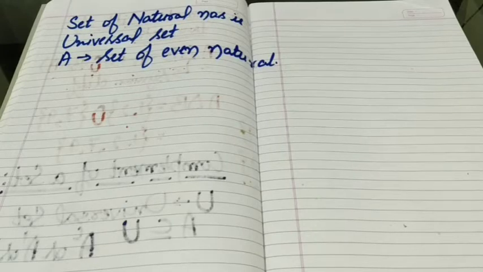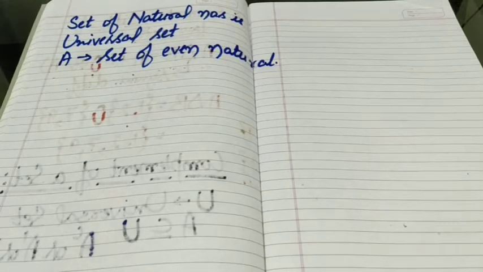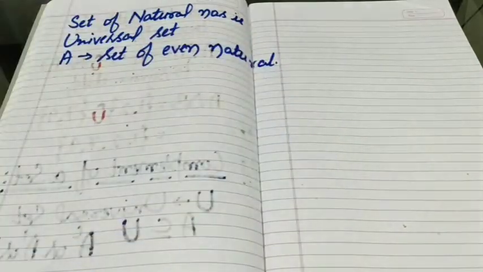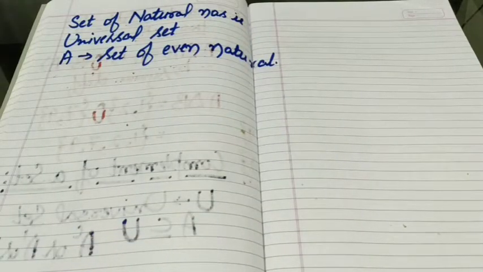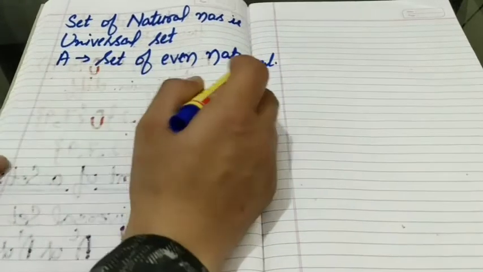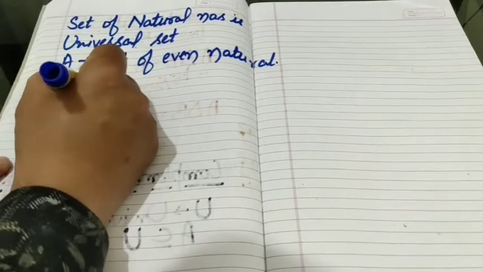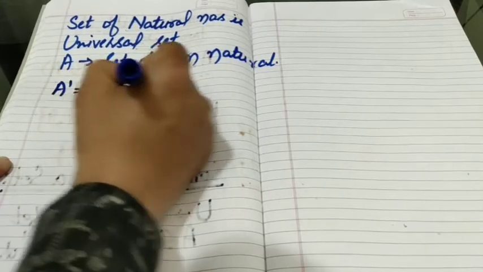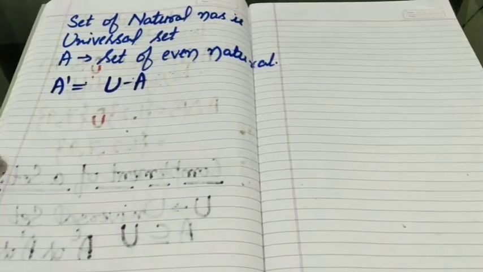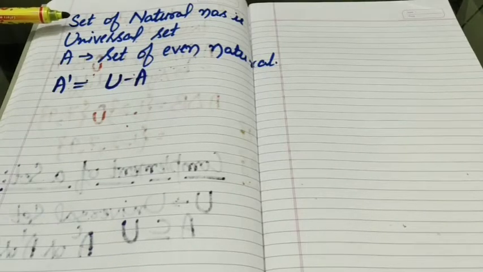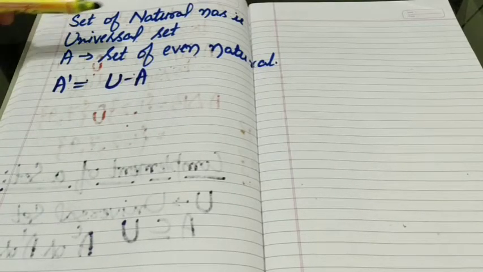Now let us take one example for this. Let set of natural numbers is the universal set, and A is a set of even natural numbers. Then A complement equals to U minus A. It means A complement includes those elements of universal set which are not even.